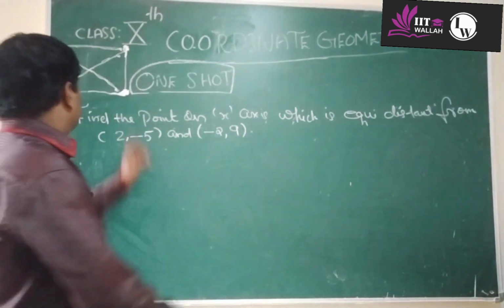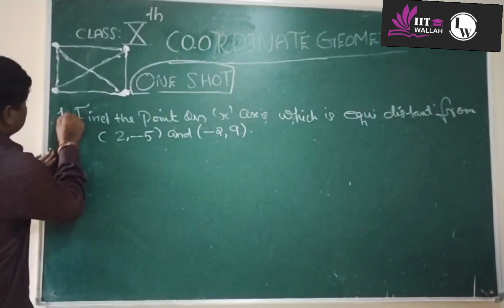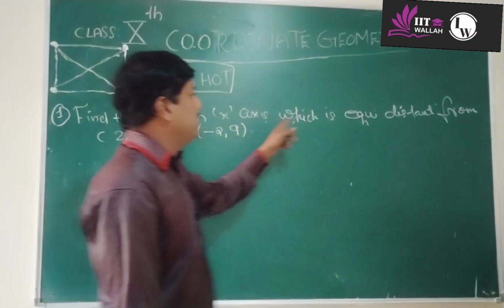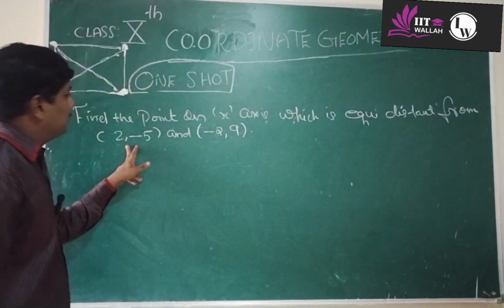Okay, so find the point on x-axis which is equidistant from this and this.